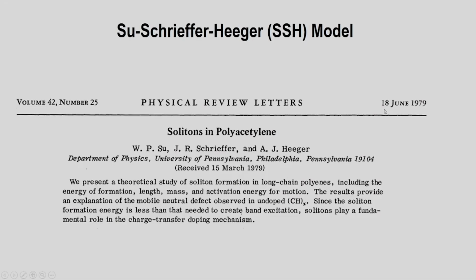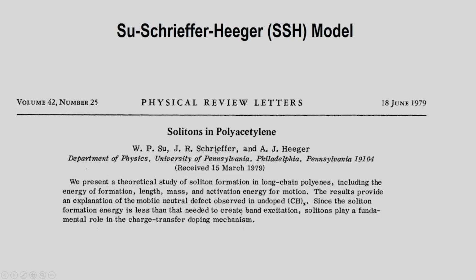Okay. So, let me show you one very simple paradigmatic model, which is called the Su-Schrieffer-Heeger model. This is widely studied in the context of topology, and it was proposed more than 40 years back in a paper by Su, Schrieffer and Heeger.